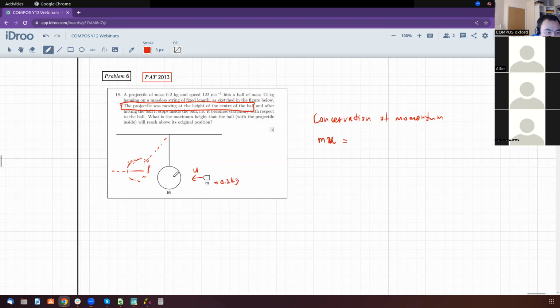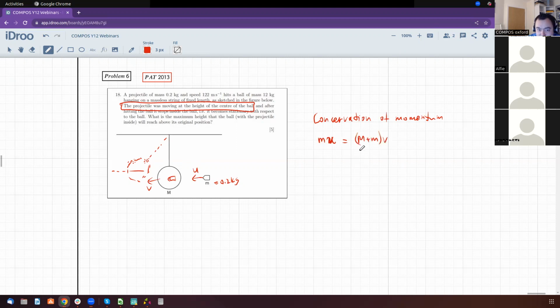Once it hits, it gets embedded. So it becomes part of the ball. And together with the ball, they travel with velocity v. So (M plus m) v.